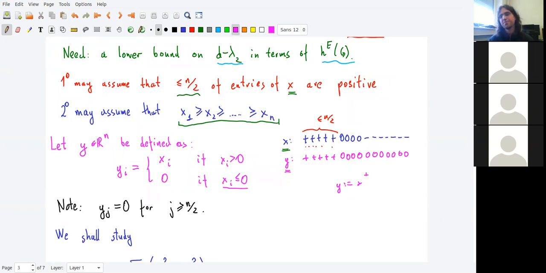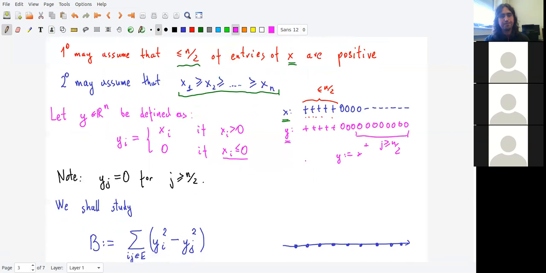So I look at the positive part of x. Note that because I assume that at most half of the entries of x are positive, this means that the second half of the entries of y are actually 0. So most of the entries of y are 0.